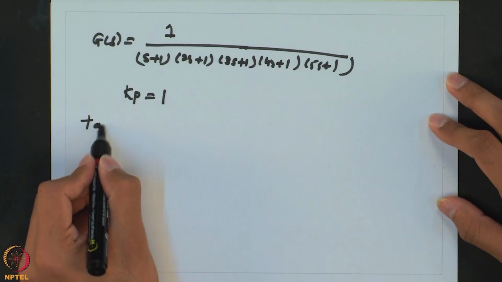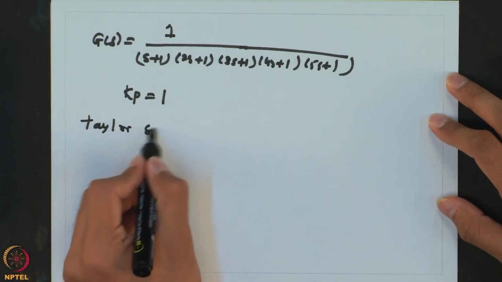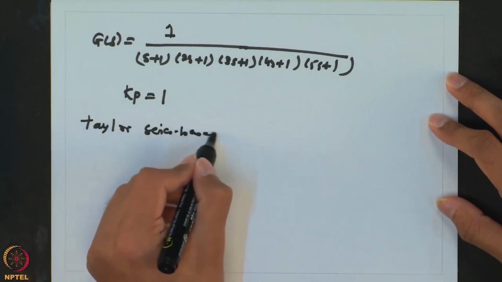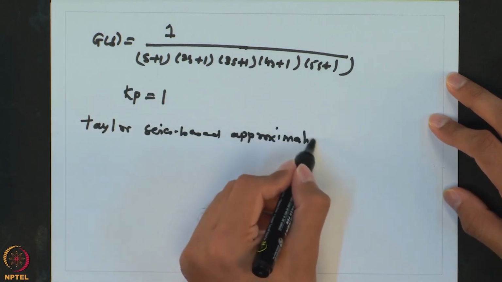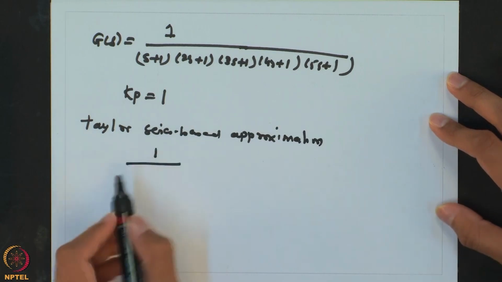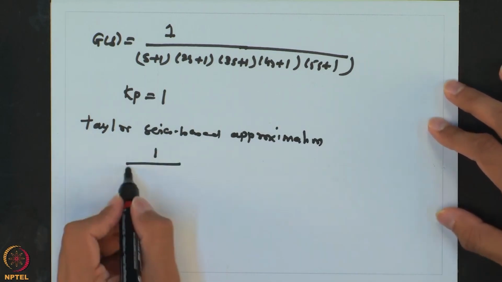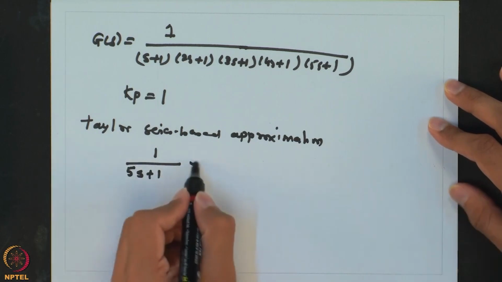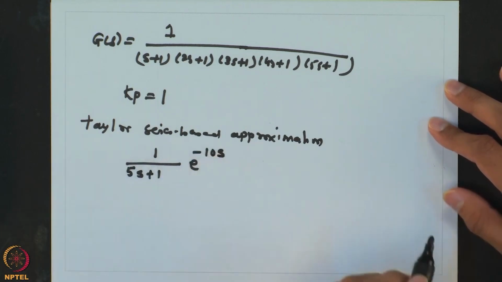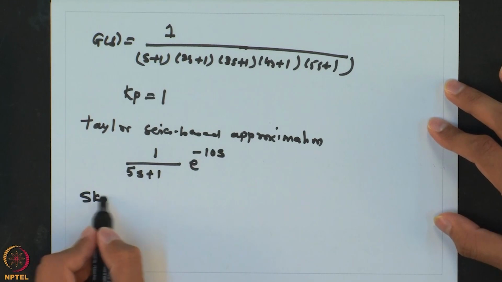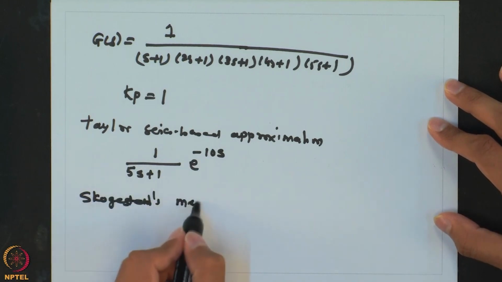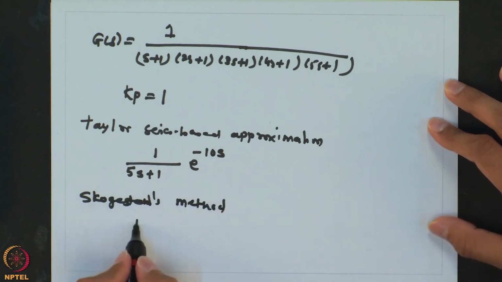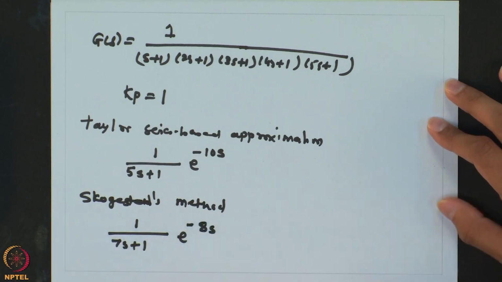For the Taylor series based approximation, we get 1 over 5s plus 1 e raised to minus 10s, and for Skogestad's method, we get 1 over 7s plus 1 e raised to minus 8s.